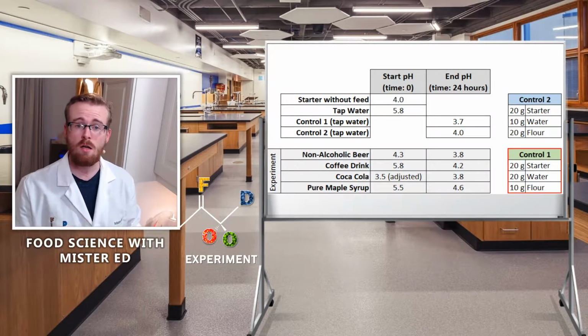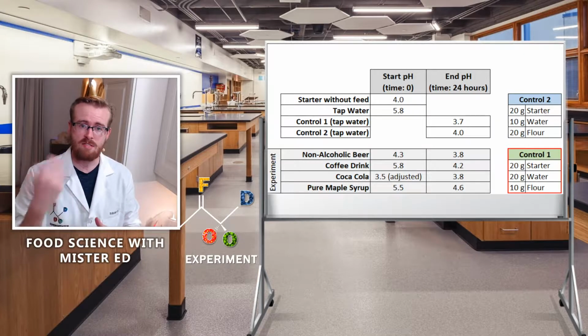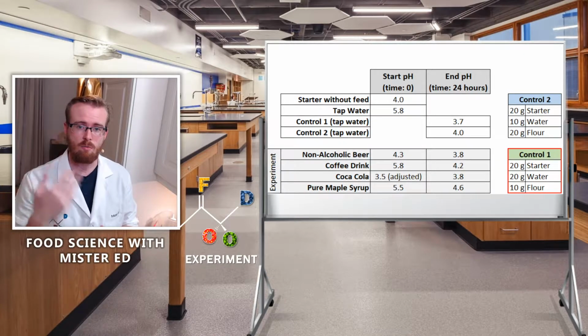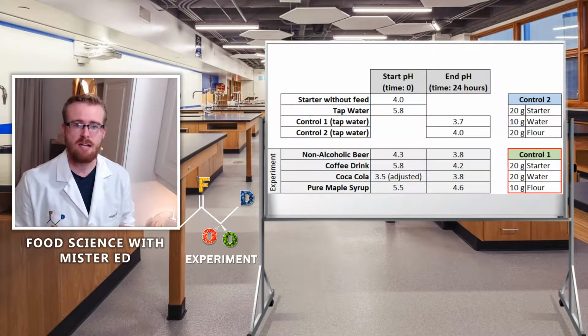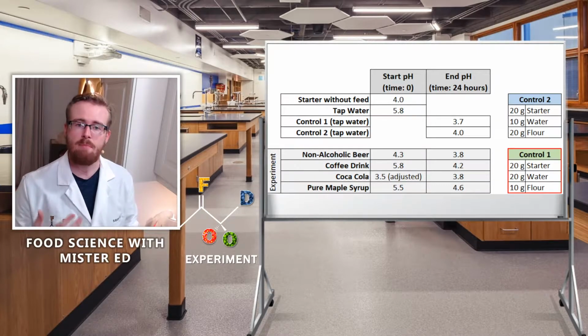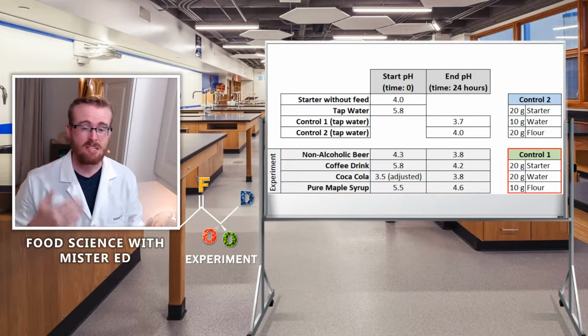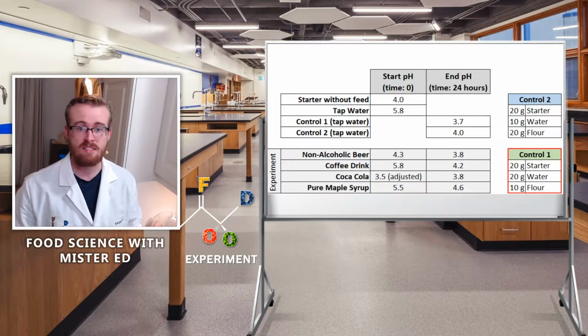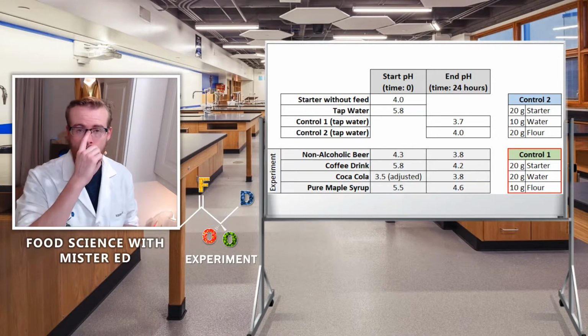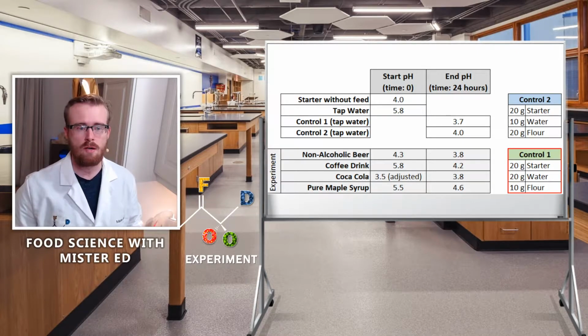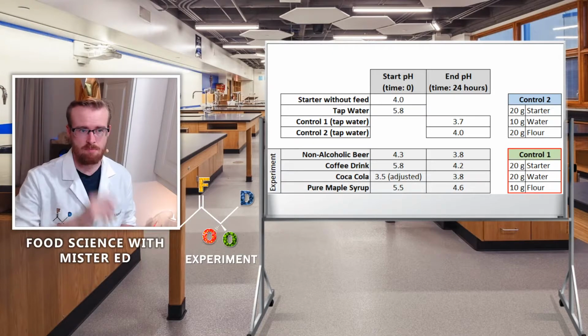The Coca-Cola, when I first started, after I got rid of all the carbon dioxide, the gas inside, was still at a pH of 2.4. So I had to add baking soda and water in order to get that pH a little bit higher to 3.5, because at 2.4, nothing will grow. It's acidic, and it will essentially kill lactic acid bacteria and yeast. So I needed to increase the pH.